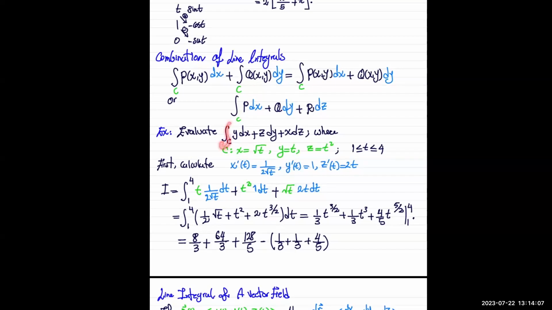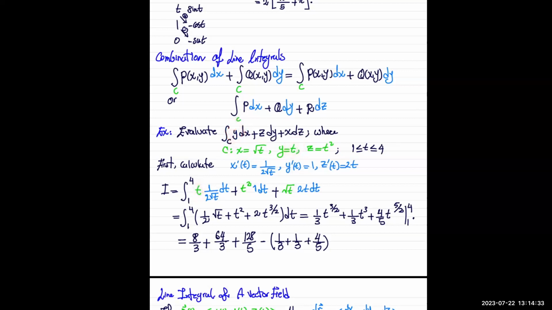This becomes the integral from 1 to 4, because they tell you over here that this curve should be considered from 1 to 4 for t. This is given. Of y is replaced by whatever y is defined as, so t.